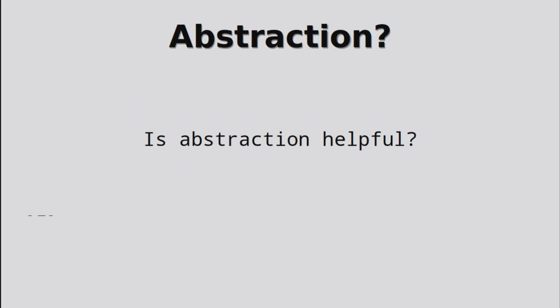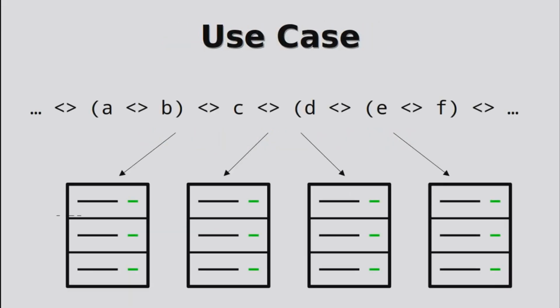But now we have to again ask the question, is this really helpful? So let's say you write a function that takes some monoids. Is it really helpful to have this information that we have associativity and an identity element? Is that actually something we can use? And the answer is yes. One use case would be a distributed computation of a huge term.